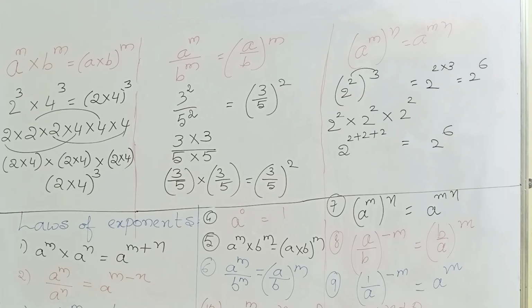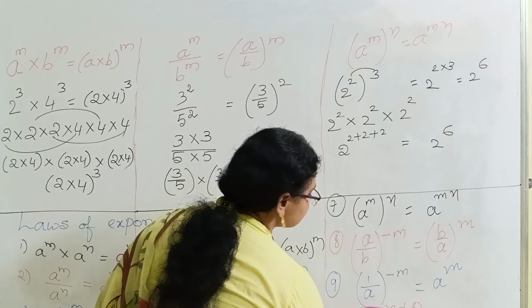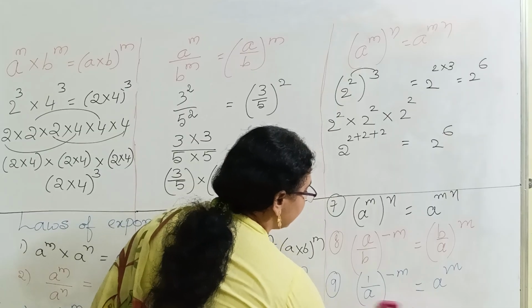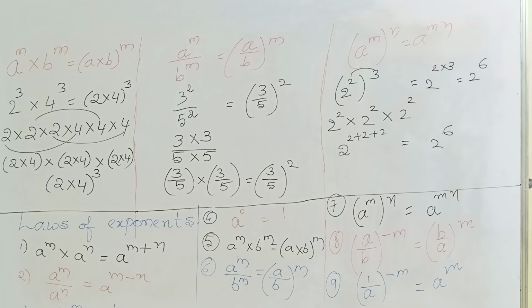Did you understand? So the tenth formula is not at all required actually. By using the first one only, bases are same in multiplication, add the powers. By applying these, we will get the complete sums in laws of exponents. Did you understand?